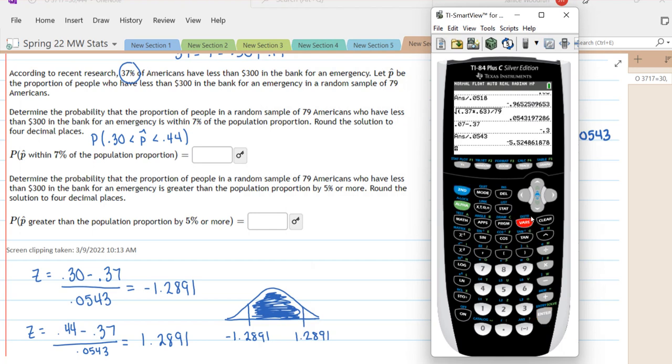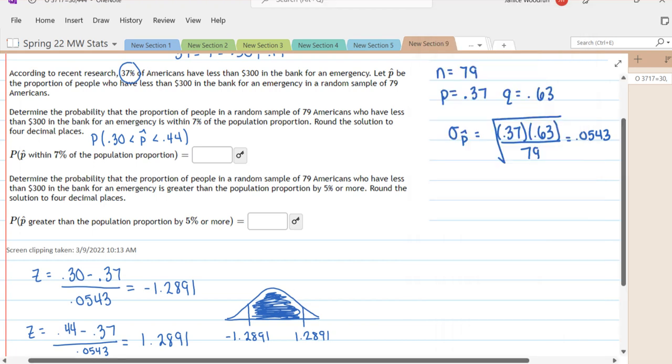So second distribution, normal CDF, lower limit negative 1.2891, upper limit 1.2891. That's going to give us 0.8026. So we would put that in right here, 4 decimal places.